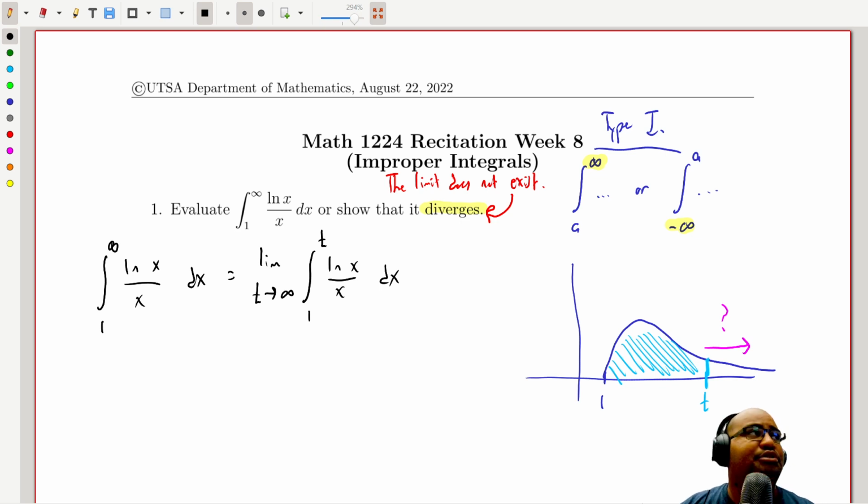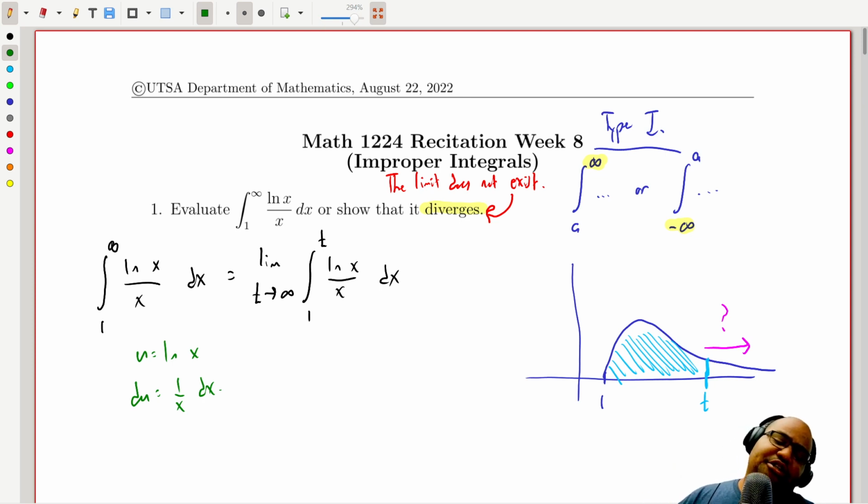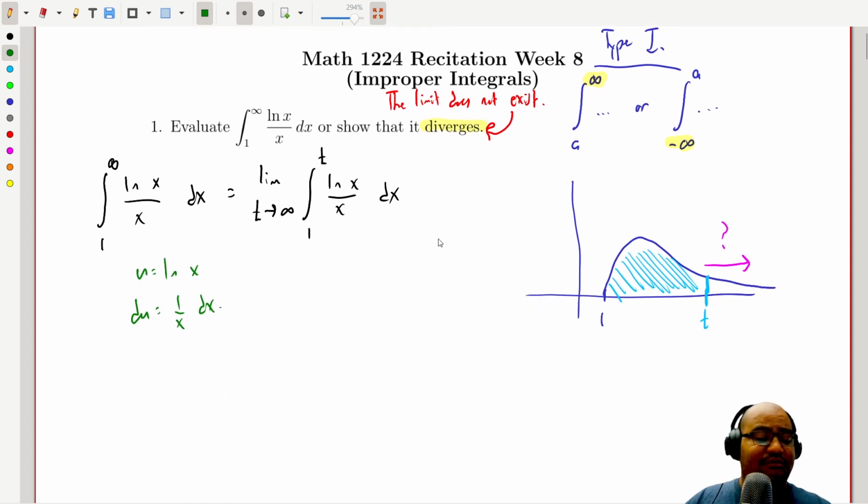Now there's a u substitution that we can apply here, because we have a function and its derivative. So we set u equal to log x, and du is 1 over x dx. And remember, every time that we change variables, we have to change limits.